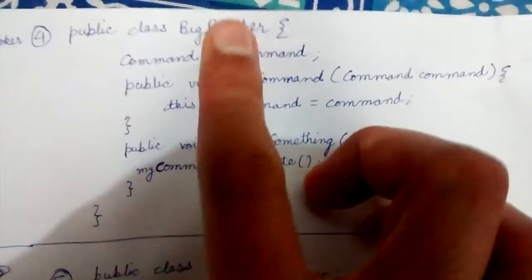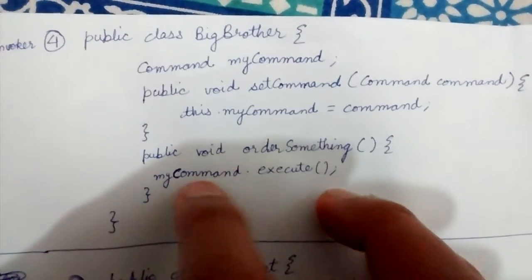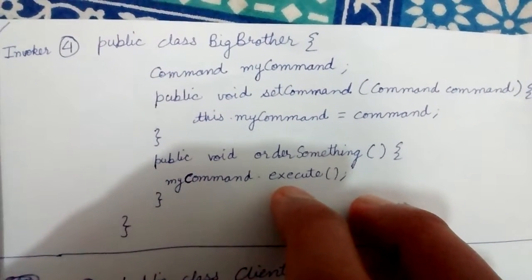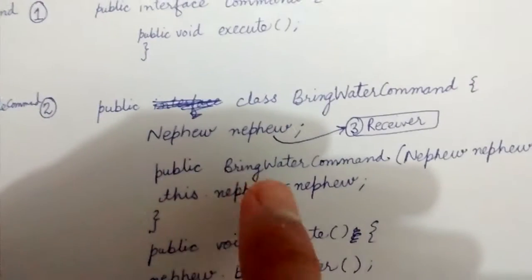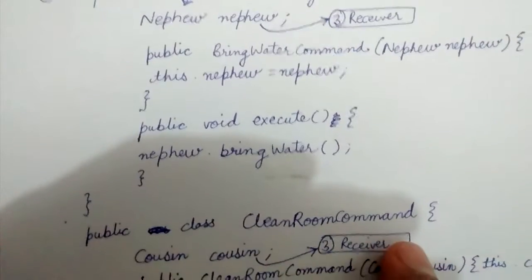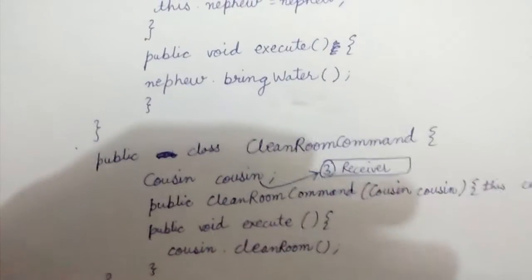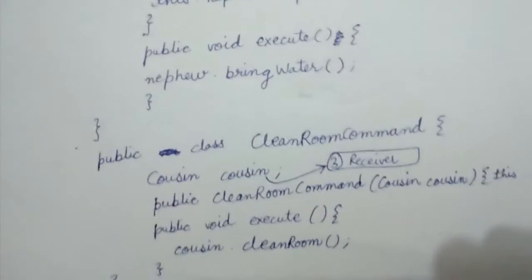Whenever big brother's order something is called, this my command.execute will be called by big brother. So big brother knows only the execute method, and these concrete classes like bring water command and clean room command are responsible for converting this execute method into bring water or clean room, etc.